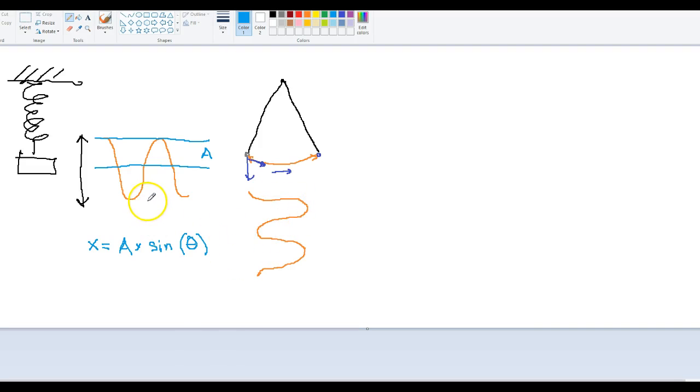That actually applies to both this and this, although this was at the side. The maximum value of sine is 1, so the maximum value of x is therefore going to be, so x max is going to be equal to A, as we have described that as the amplitude.